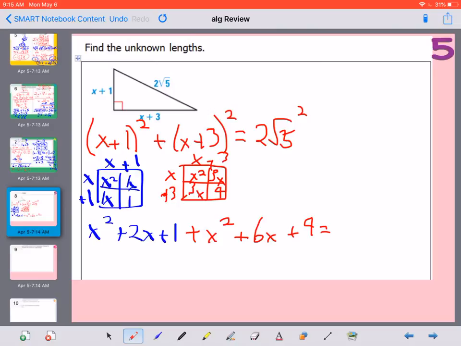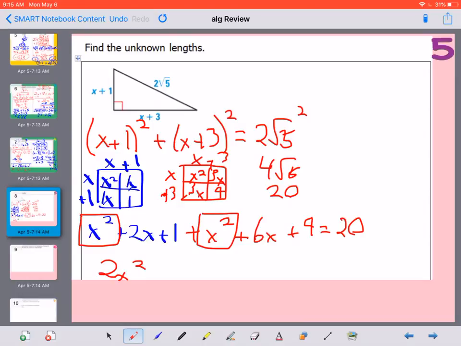2 squared is 4, times 5 is 5, so that gives me 20. Now I see that I have a like term here, x squareds. So 2x squareds, well, that gives me 2x squared. Then I have 2x and 6x, that gives me 8x.